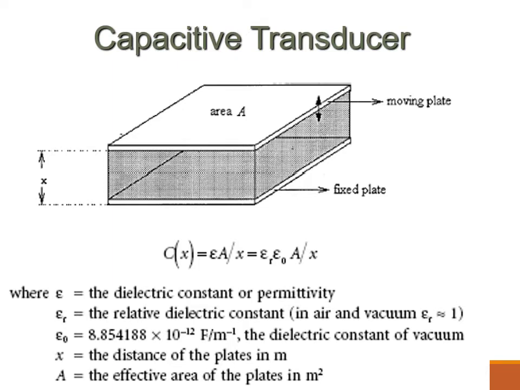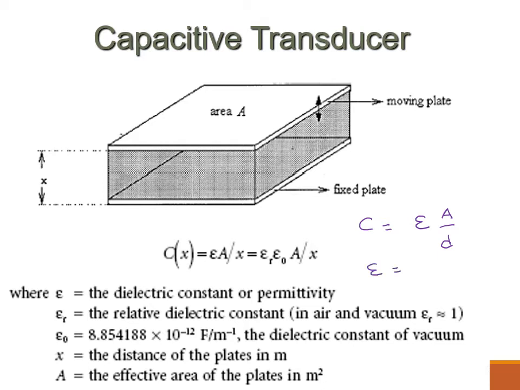This is the equation to calculate capacitance value. Capacitance depends on 3 parameters, which are epsilon, A over D. Epsilon is a constant that represents the material in between the 2 plates.